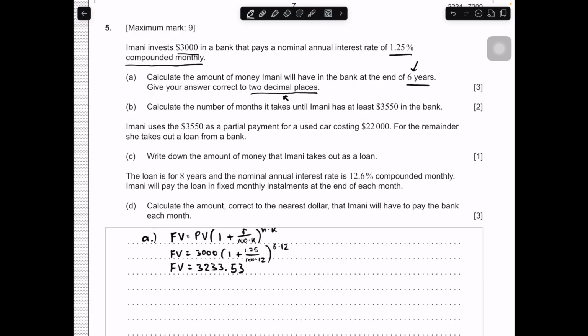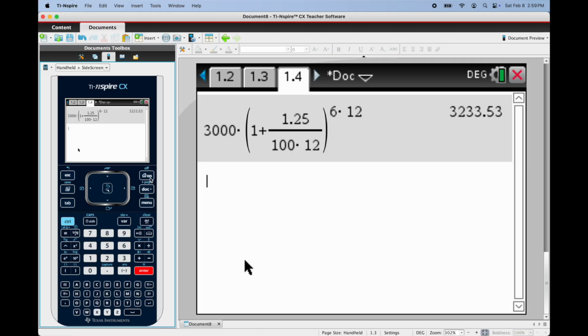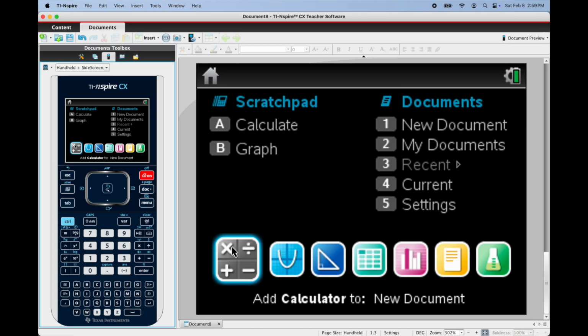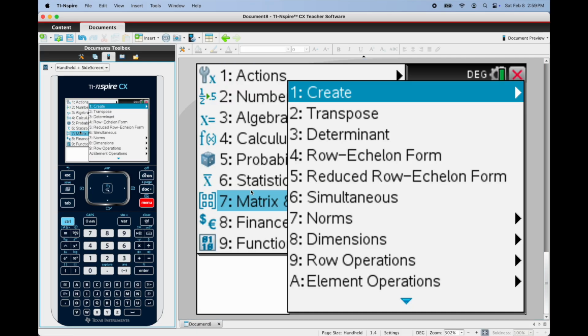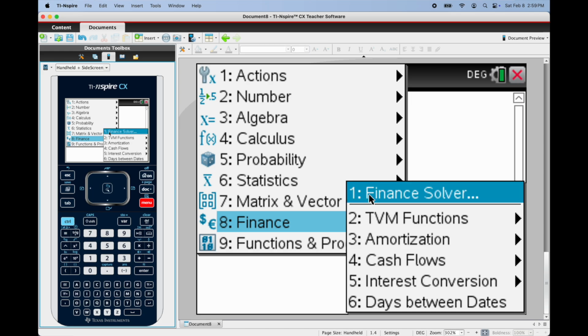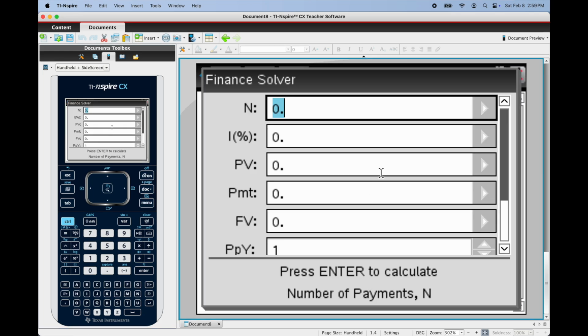Okay. If you want to see how this would work with the financial solver, this is how it would work. Again, I wouldn't necessarily recommend this, just because I think there's more ways to mess up in some ways. All right, anyways, interest rate, they told us, is 1.25. The present value of our investment is 3,000.